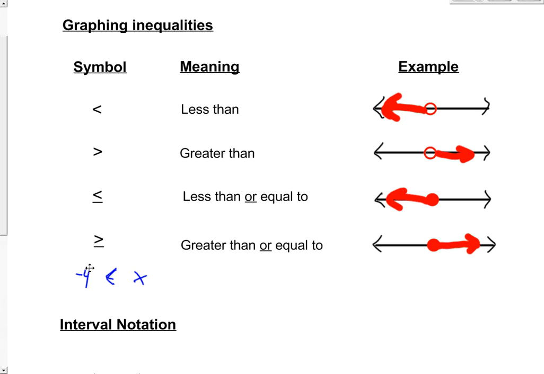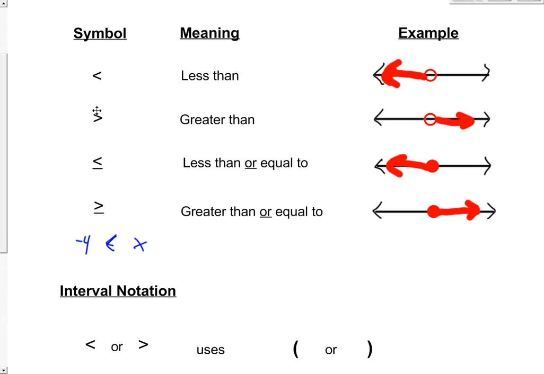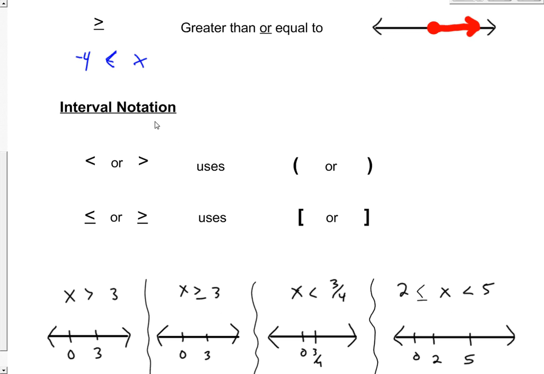So usually the mouth of the symbol is opening towards the greater value because it's like an alligator wanting to eat more food. So the alligator wants to eat more food. So greater than, the mouth is open towards the greater value. All right. The other thing we have to remember is interval notation.